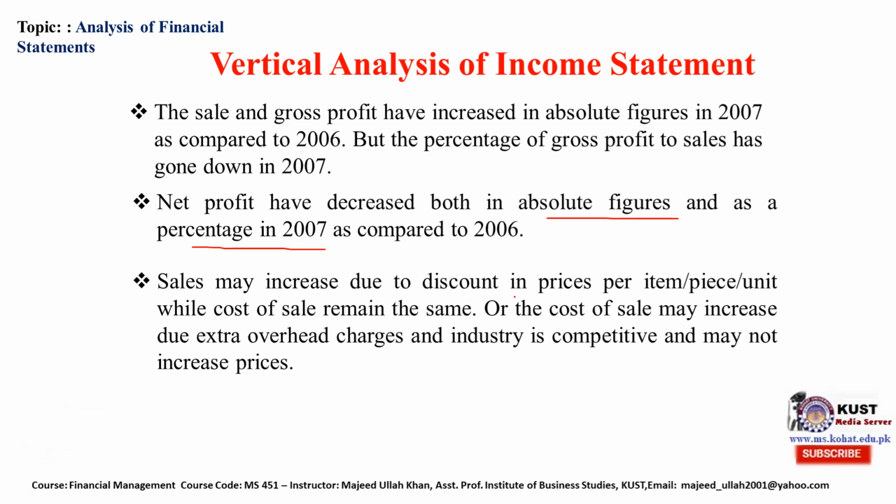Sale may increase due to discounted prices per item, piece or unit, while cost of sale remains the same. The cost of sale may increase due to extra overhead charges, and the industry is competitive, so it may not increase its prices. This is all about vertical analysis.